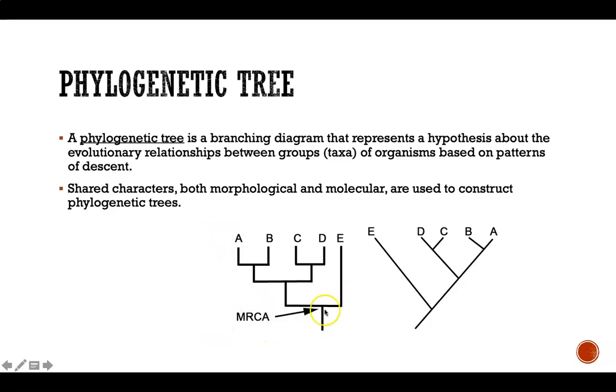So the common ancestor that was farthest back is going to be towards the bottom. And then the more recent species are going to be towards the top. And then the other axis shows the divergence. Over here we've got time along the vertical axis. So the common ancestor is down here, and then we've got divergence along the bottom.